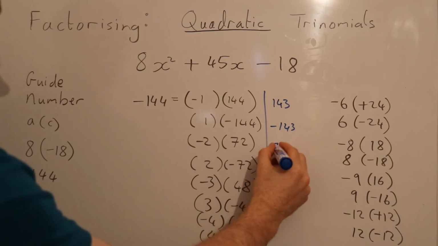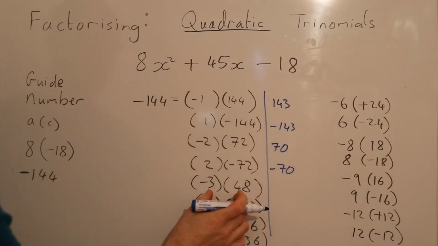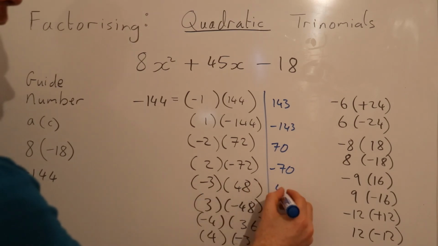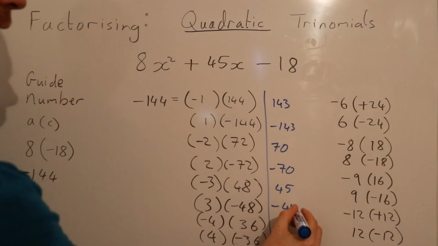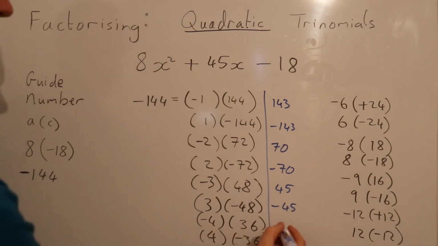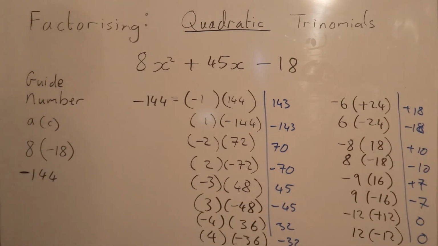These make 70. These make minus 70. Together these make 45. Together these make minus 45. And so on. We get 32. Minus 32. We do the same here. Okay, so we've got all the different totals put in.